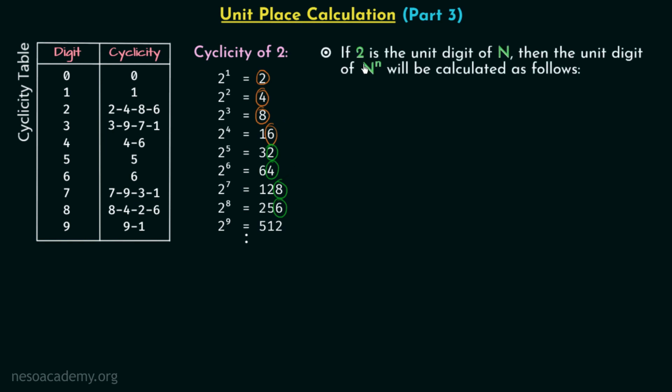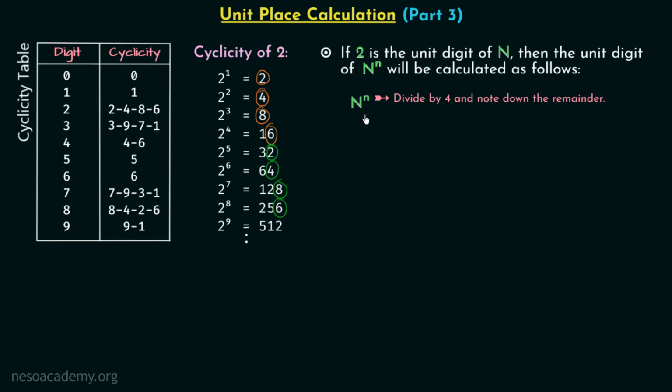If 2 is the unit digit of number n, then the unit digit of n power small n will be calculated as follows. We have a number n, and this number n has 2 as its unit digit, and we are interested in finding out the unit digit of n raised to power small n.